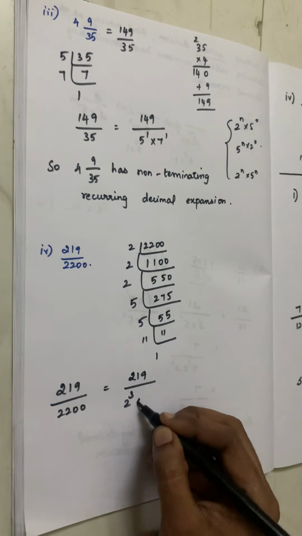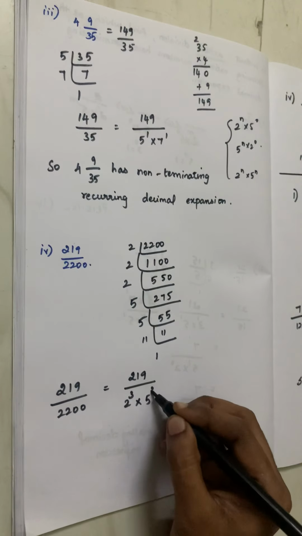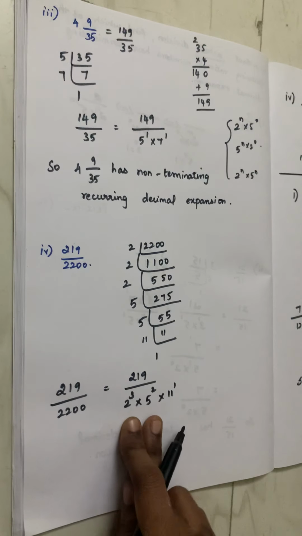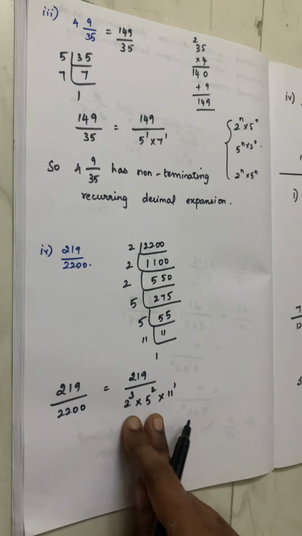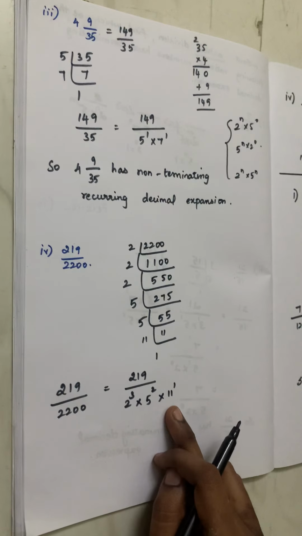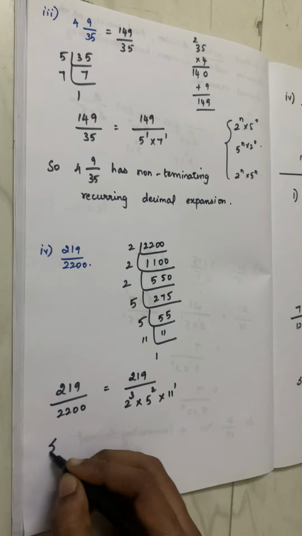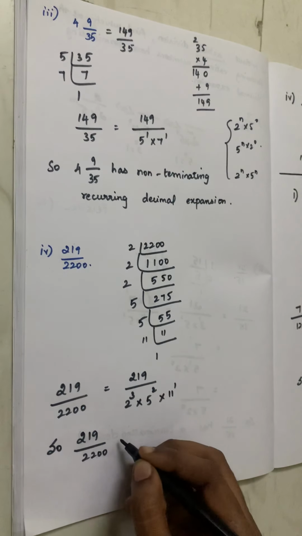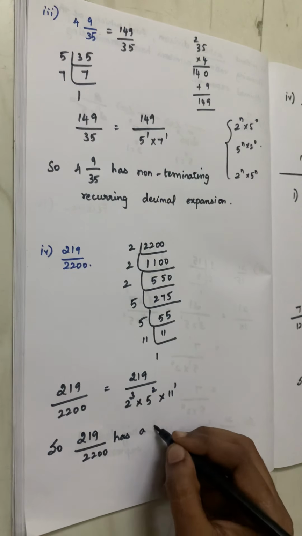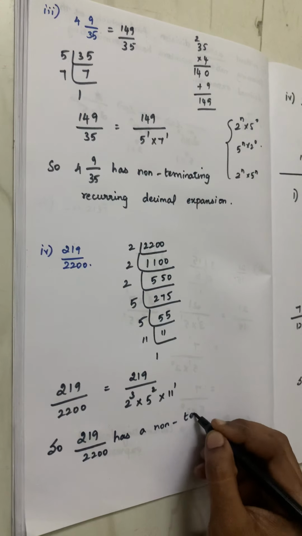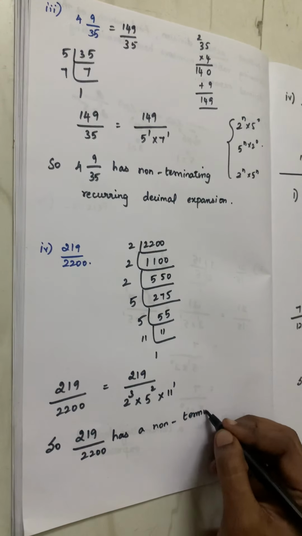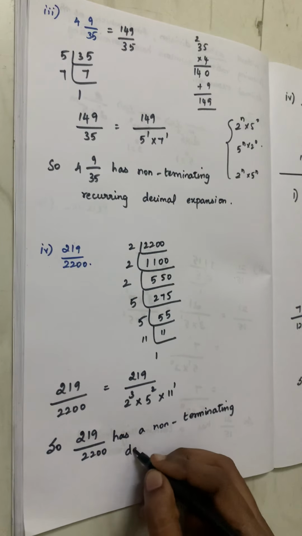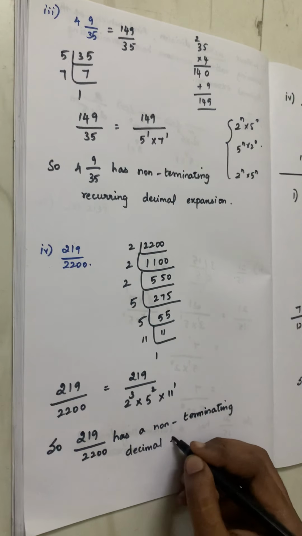So 2 power 3 into 5 power 2 into 11. If only these 2 and 5 were there, you could say it is terminating. But including 11, you can't say it is terminating. So what you should write? 219 by 2200 has a non-terminating decimal expansion.